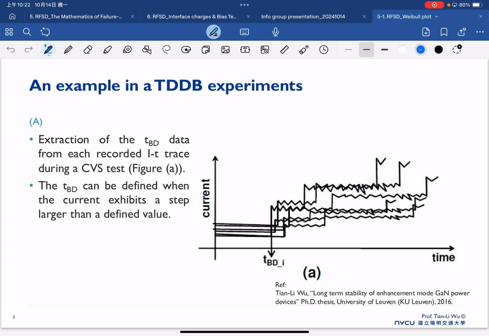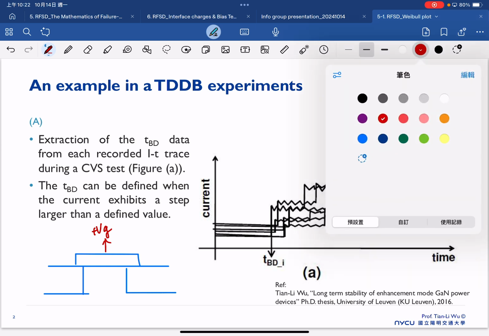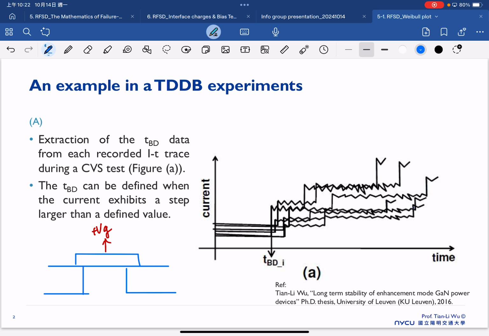So this is a case where we apply the gate bias on the gate dielectric in the MOSFET transistor, and then we start to record our gate leakage current versus time.